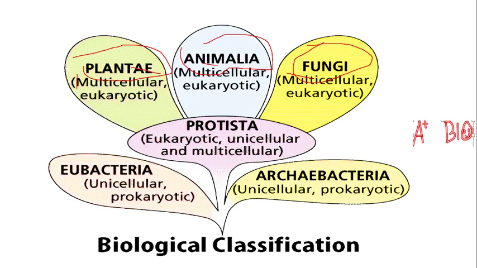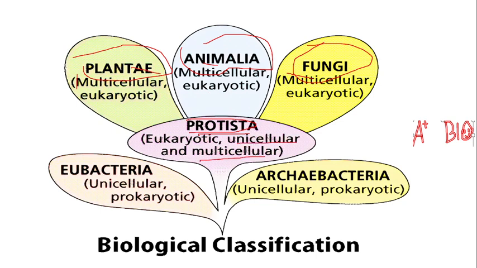Now, for the next characteristic, I know that cells can be either eukaryotic or prokaryotic. All three are eukaryotic cells. Protista is here too, but don't take Protista, because sometimes Protista are multicellular and other times unicellular.